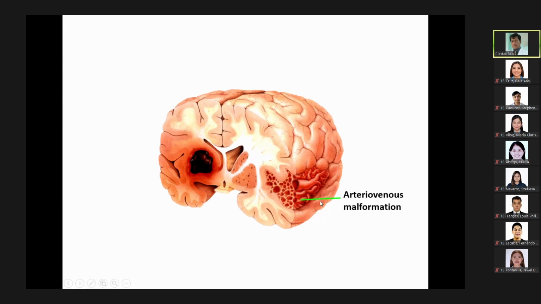So they have bleeding from an AV malformation. I believe this is one of the common causes of intracranial bleeding in the young age group. You can also have the intracerebral hemorrhage. Like I said, if you have a rupture of a microaneurysm in your reticulostriate arteries, then you can have blood here within the parenchyma of the brain.